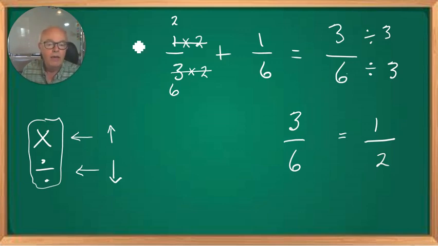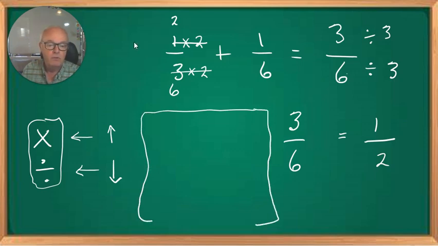Well, here I'll make a little box so I separate this last little part for you. If we had, for example, 1/2 plus 2/5. Well, we can't make a 2 into a 5, and we can't make a 5 into a 2. But what happens if we multiply both of these denominators by the other denominator?